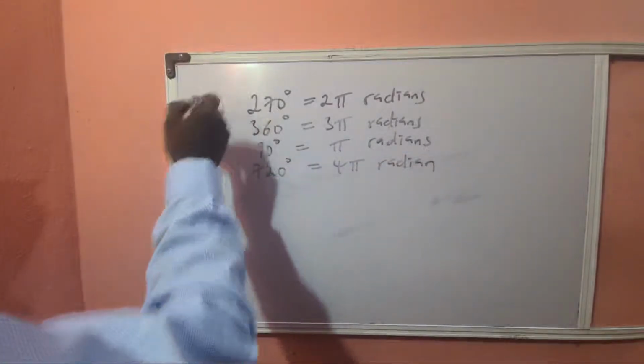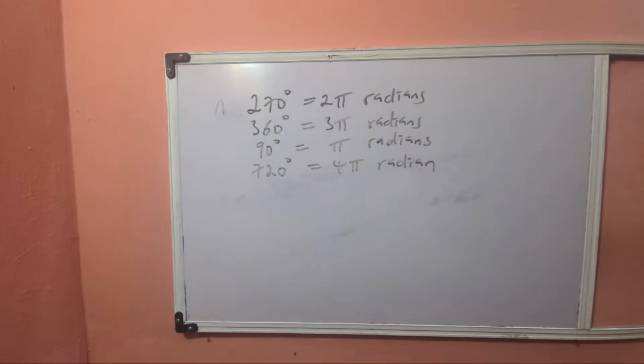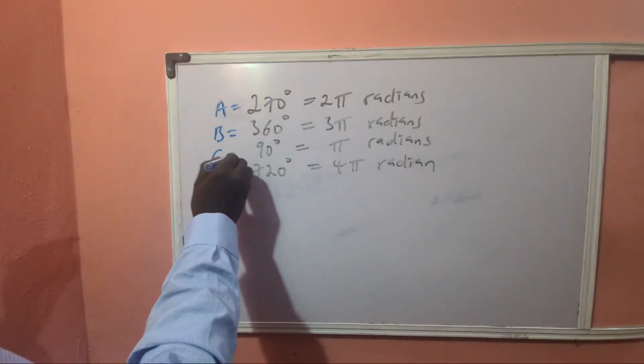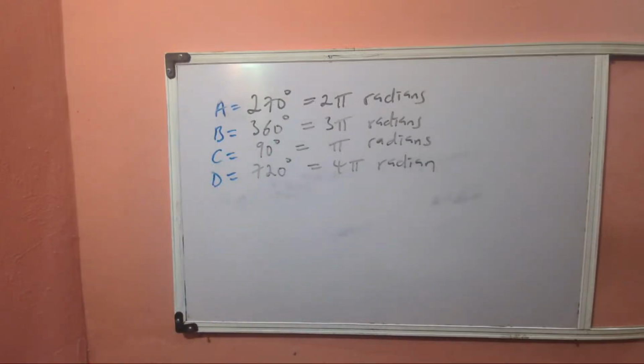So I'm going to label them as A, B, C, and D. All right, this will be our very first question for the night. And the question is, which of the following is correct? So I want to get your answers. Is it A, is it B, is it C, or is it D?